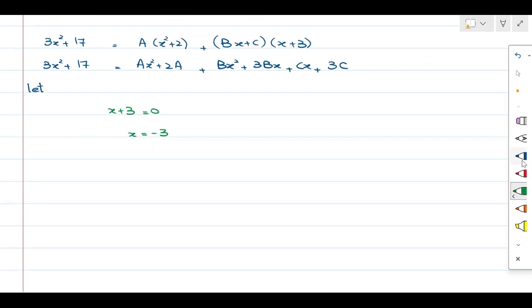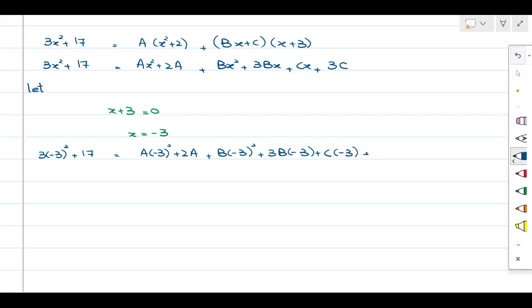Okay. Now when we substitute negative 3, we have 3 into (negative 3) whole square plus 17 is equal to a into ((negative 3) whole square plus 2) plus b into (negative 3) whole square plus 3b times x which is negative 3, plus c times x which is negative 3, plus 3c.